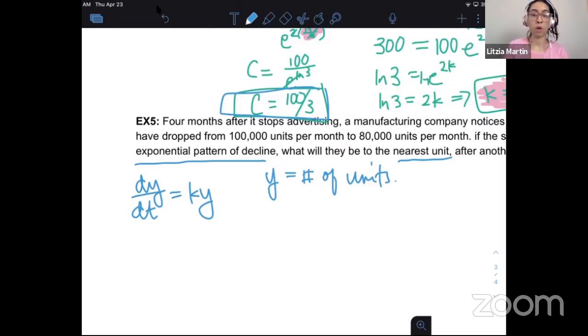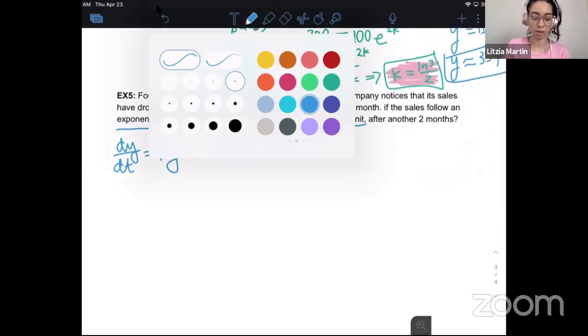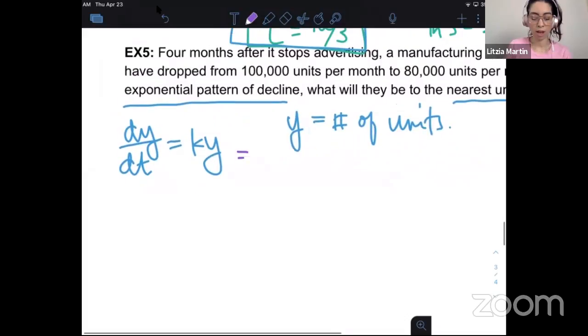So that means it's directly proportional to the number of units. All right, and that means we can use our theorem to know that y is equal to c times e to the kt.